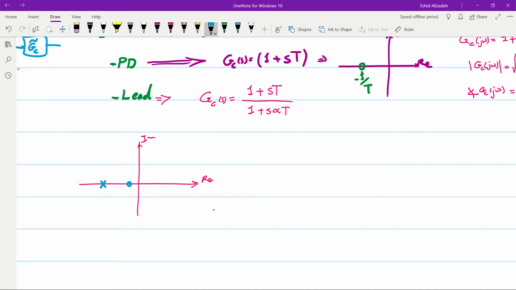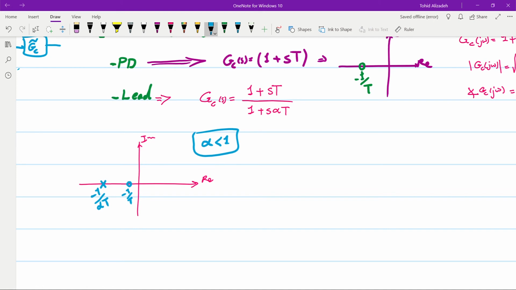The zero will be located at minus 1 over T and the pole will be located at minus 1 over alpha T. And since we know that the zero is closer to the origin, it means that alpha will be smaller than 1. So we have alpha smaller than 1 in this case, because we have the zero closer to the origin.